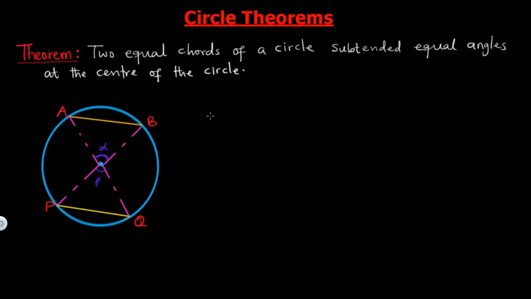That is, if chord AB is equal to PQ, then, if the center of the circle is denoted with O, angle POQ will be equal to angle AOB. So the theorem says 2 equal chords of a circle subtend equal angles at the center of the circle. Let's take another theorem.